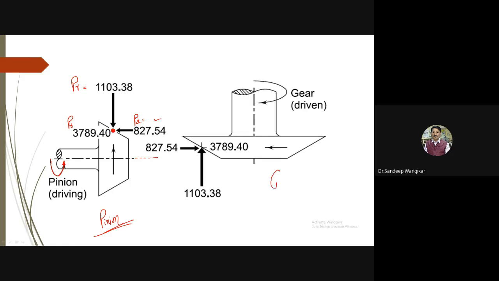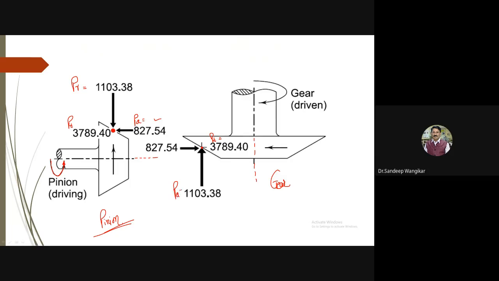Now I will go for the gear. At this particular point, PT remains the same, no problem. Now, if you refer to the axial component, 1103 is the axial. So in this case, it is axial.